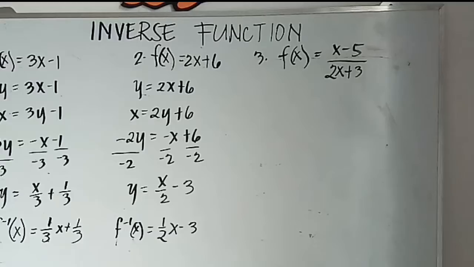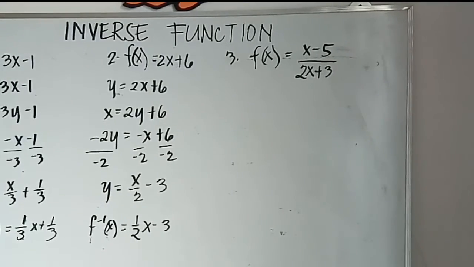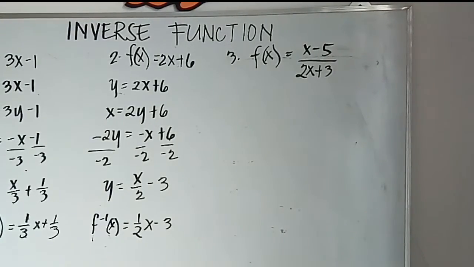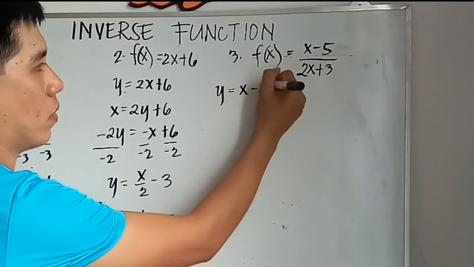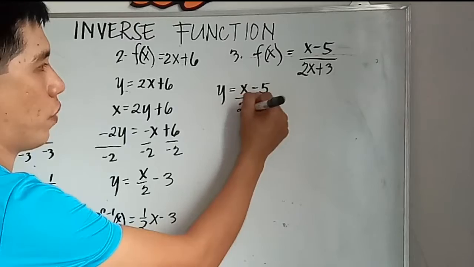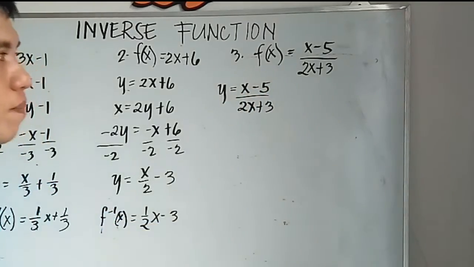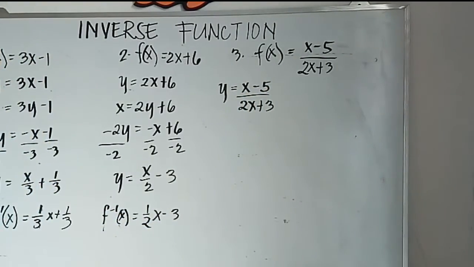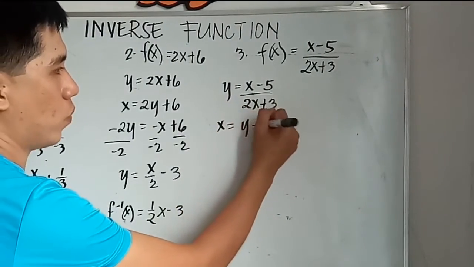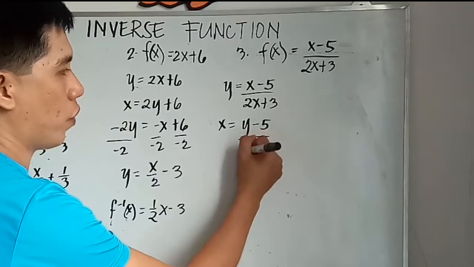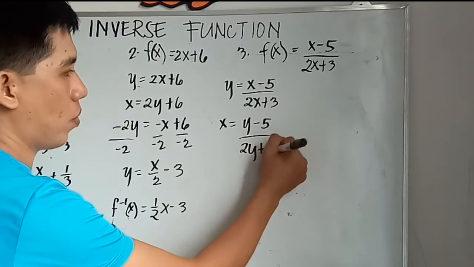f of x is equal to x minus 5 over 2x plus 3. So we have here y, same step, equals x minus 5 over 2x plus 3. Then after this we are going to switch. y will become x and x will become y over 2y plus 3.